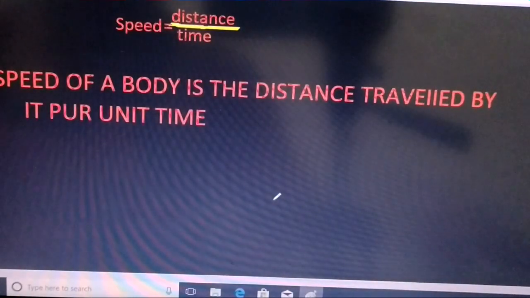Or we can say that the speed of a body can be calculated by dividing the distance traveled by the time taken to travel the distance.